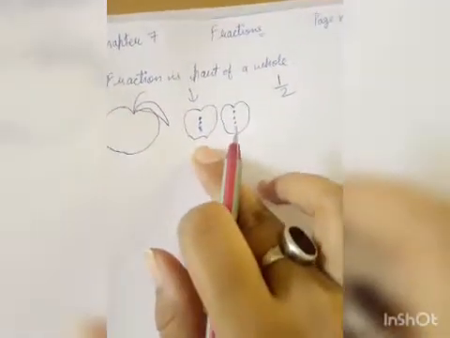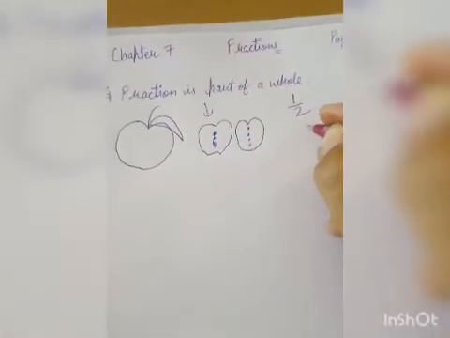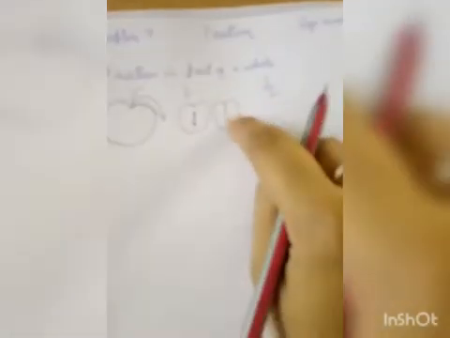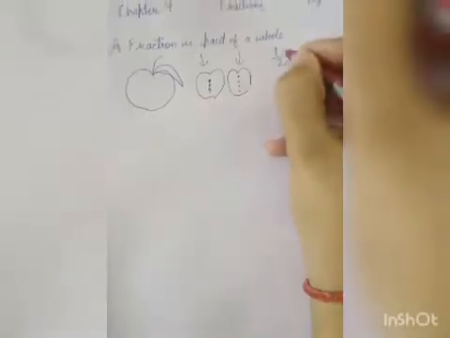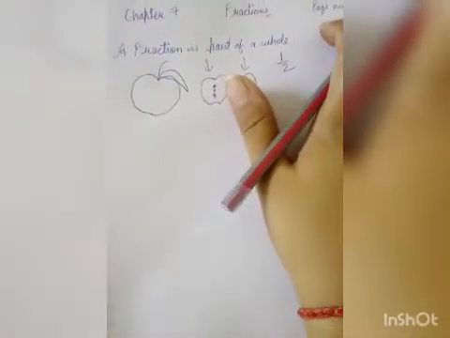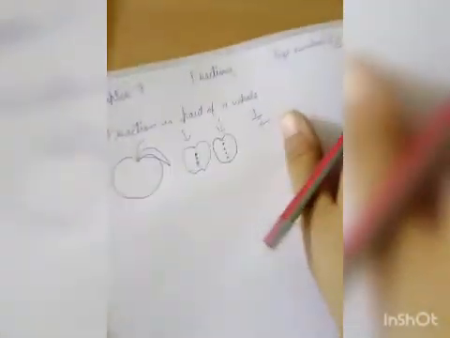And for the remaining one, it will also be one piece of apple out of two pieces, so it will also be half or 1/2. Okay, so how to pronounce them?